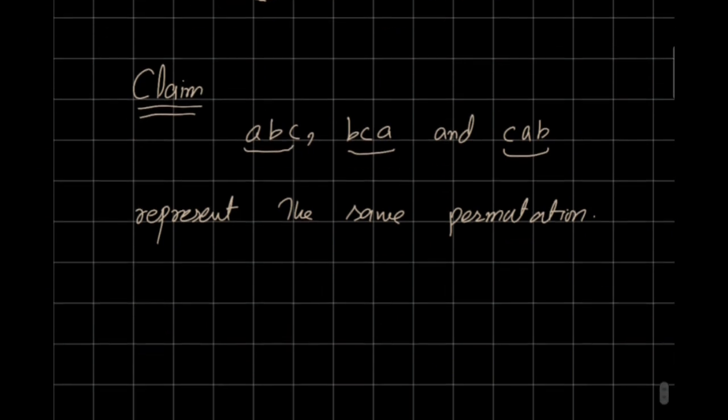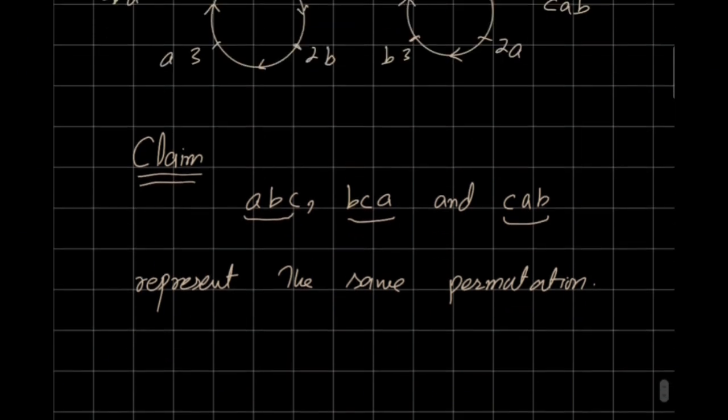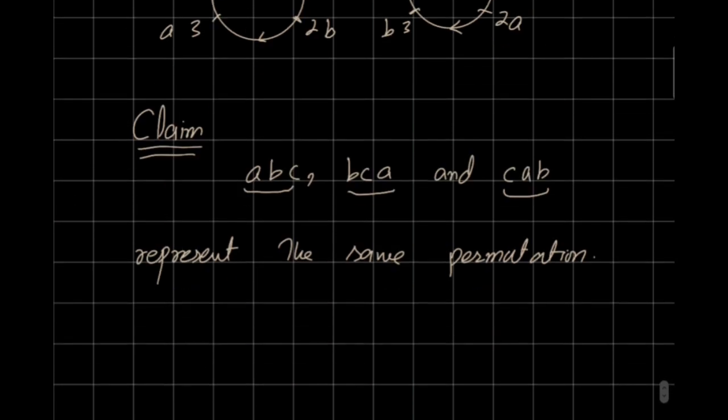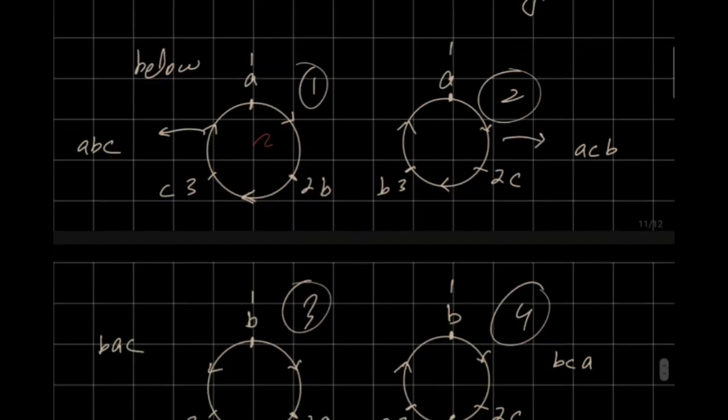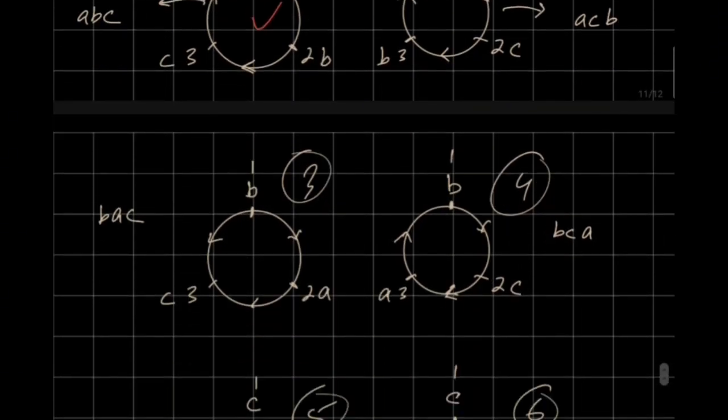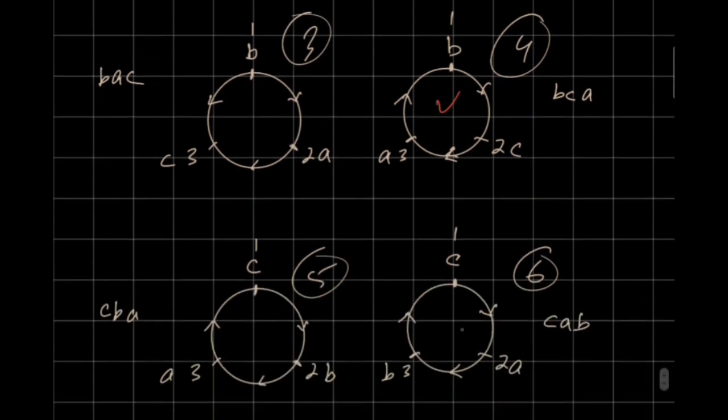How? If I prove that all of these permutations can be obtained from each other only by rotation, only by rotation. Let's look. This is ABC. This is again BCA, and this is CAB.